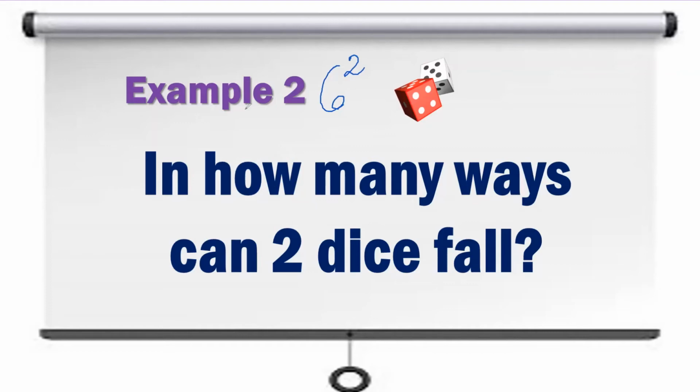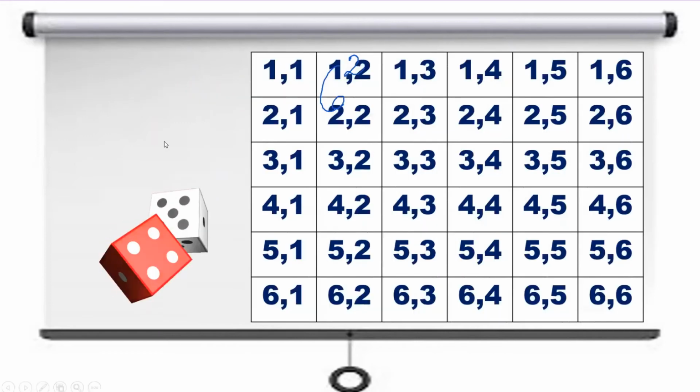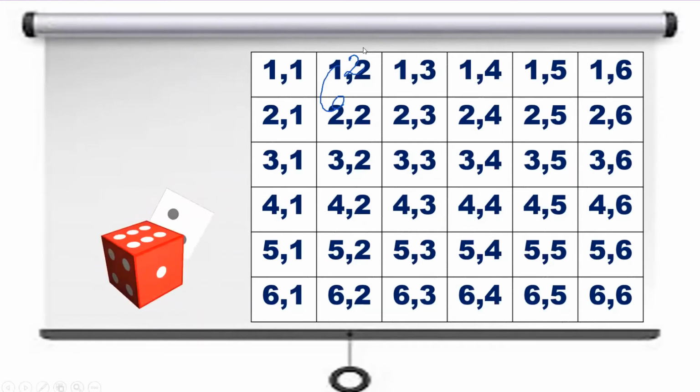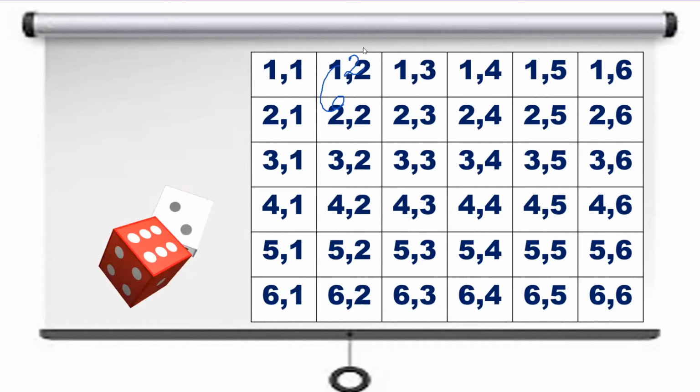Very good, Valerie. Now, let's see the actual list. If you count all the pairs, all the list, there are 36.